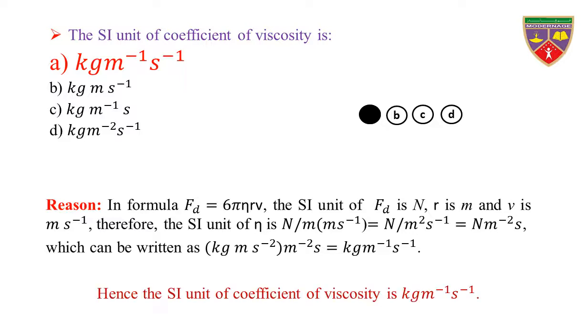Hence, the SI unit of coefficient of viscosity is kilogram per meter per second.